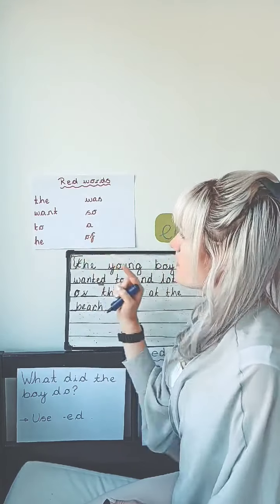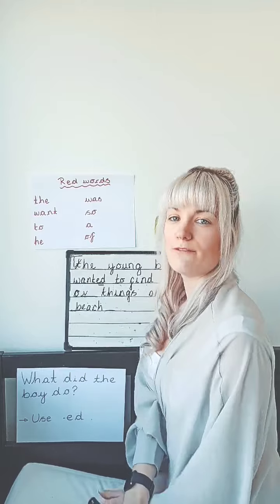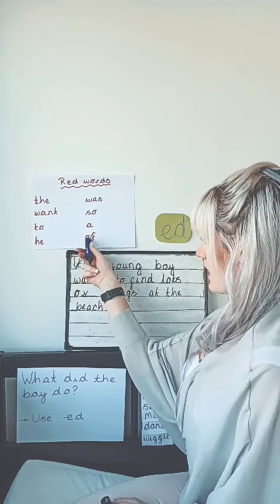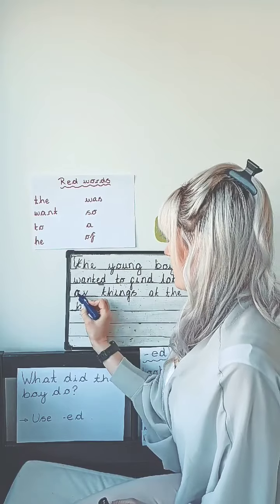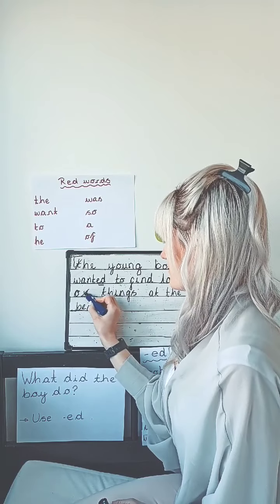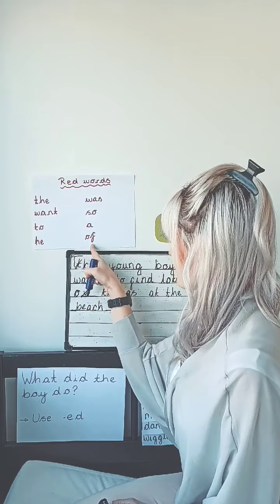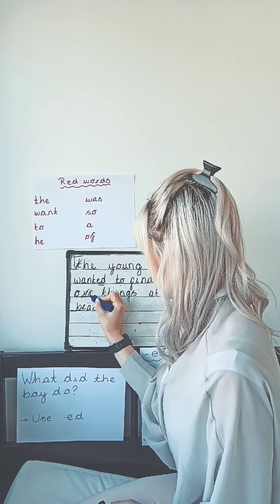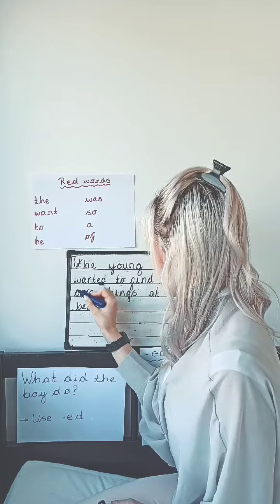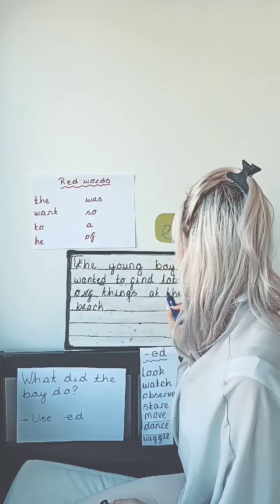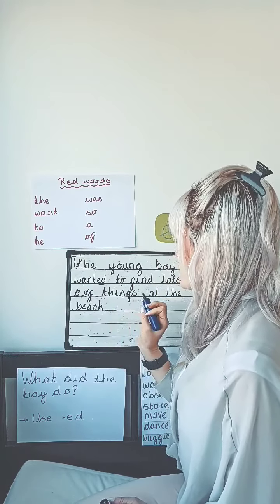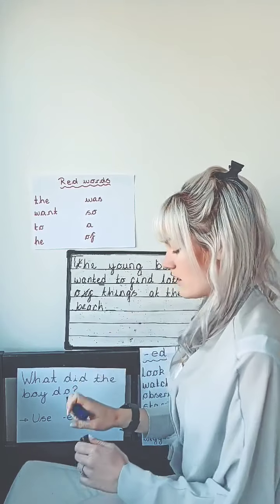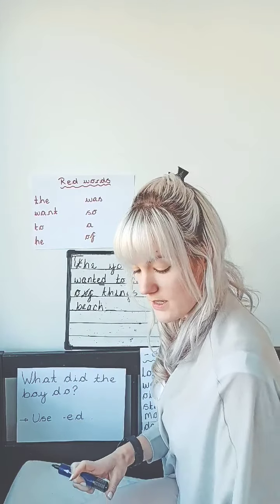And we've got our red words up here. Do you think you can spot of? It says here, of. So, of. It's not the v, it's the f. So, starting on the line. So, of things at the beach. Oh, I forgot my full stop at the end. There we go.